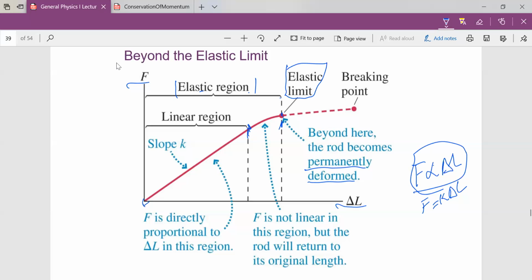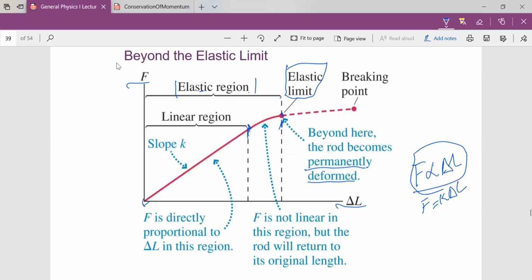Okay, so every material that can stretch or compress has its elastic region, beyond which it will exceed the elastic limit and then break. That breaking point is a point where it can no longer return to its original form. It is permanently deformed. Okay, so we have at this point what we call the ultimate stretch, where it has taken the ultimate stretch and then it breaks.